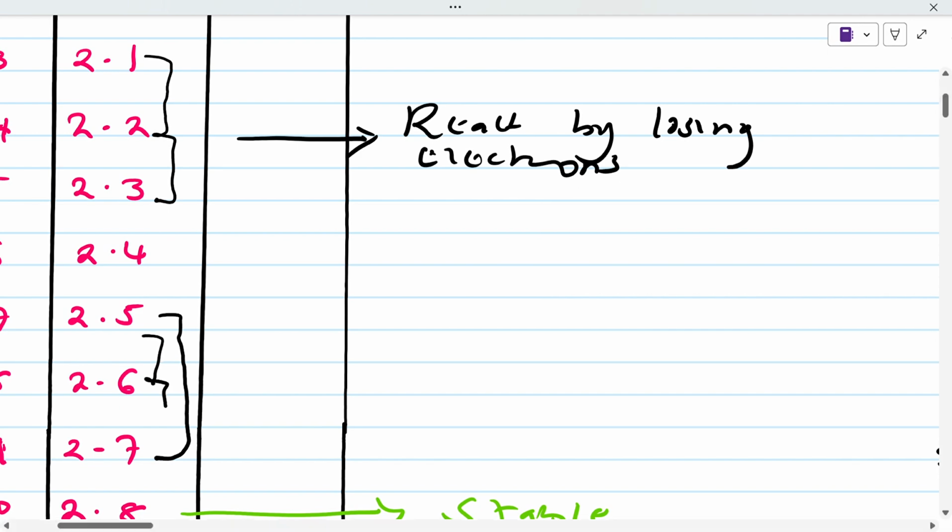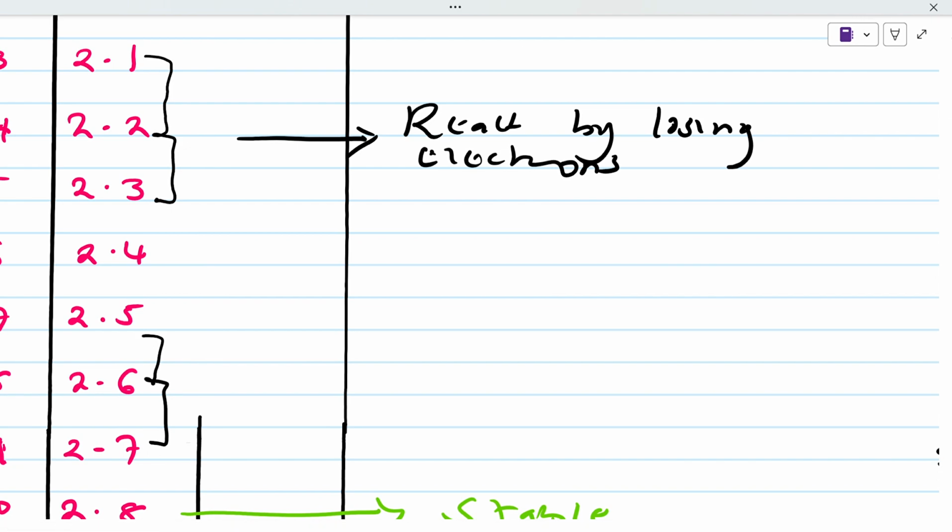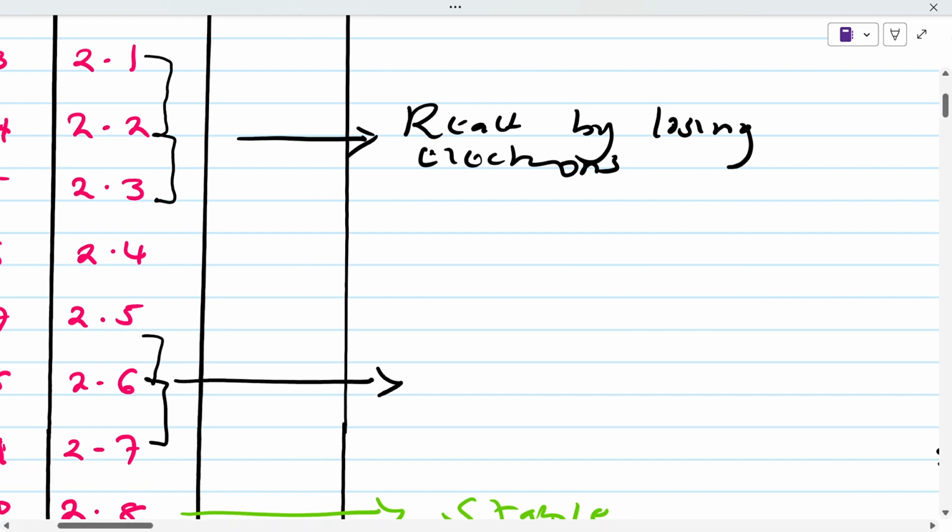This space here, that space there. So what happens is it will react by gaining electrons. So all these react by gaining electrons. Let me use a different color.